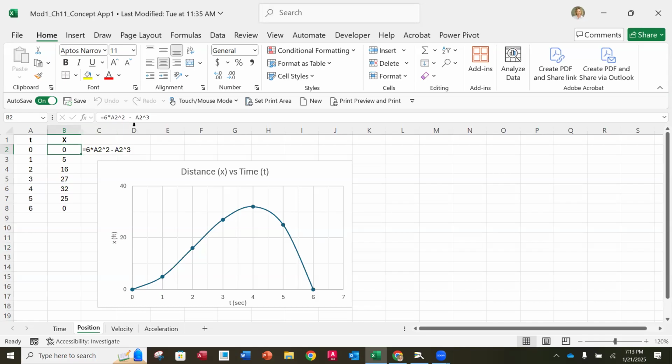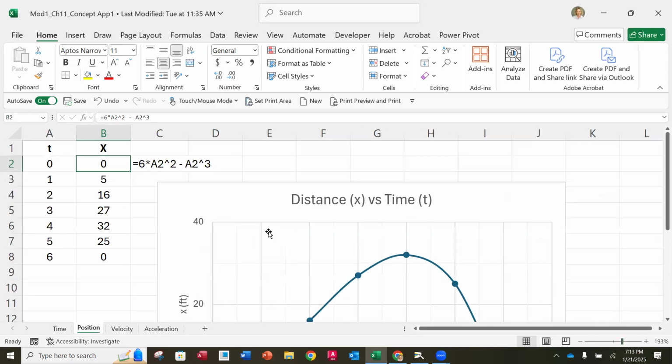I'm going to zoom in a little bit so that you can see. The function underneath our first cell here, B2, is equal to 6 times A2 squared. A2 is right here. I'm going to square that value, and then minus that time cubed, that same time A2 cubed.